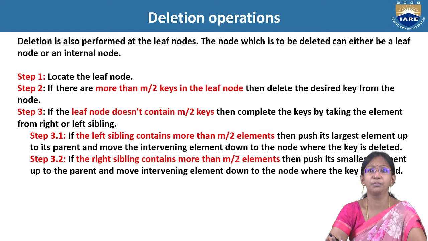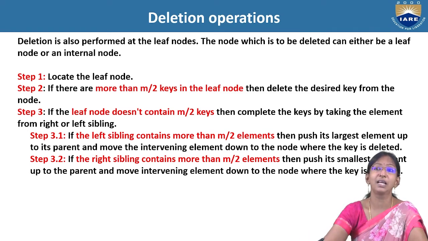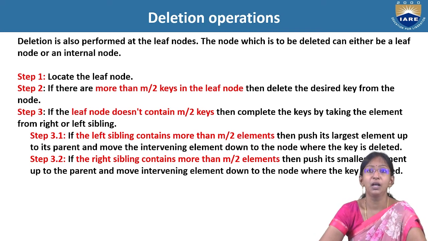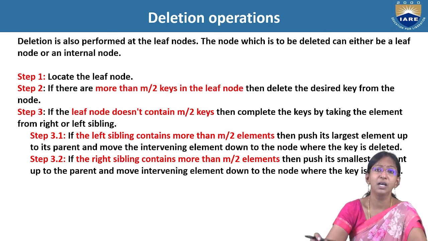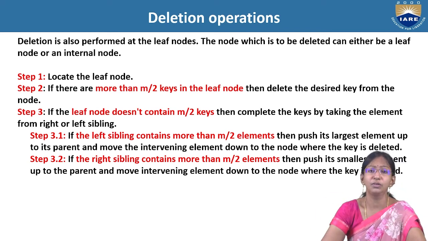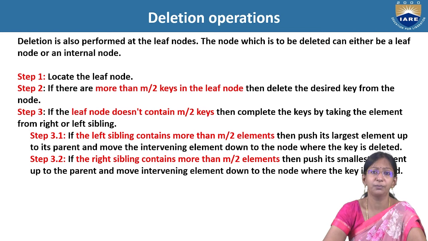If the left sibling contains more than m by 2 values, then push its largest value to the top. If the right sibling contains more than m by 2 values, then push its smallest value to the parent. Okay, I'll show you everything pictorially, you need not worry about that.